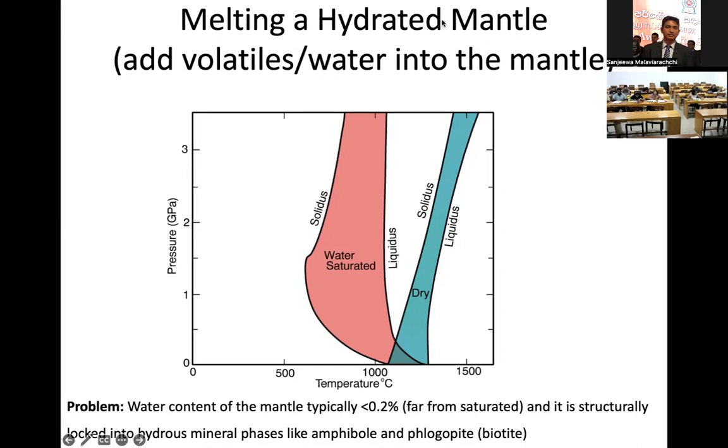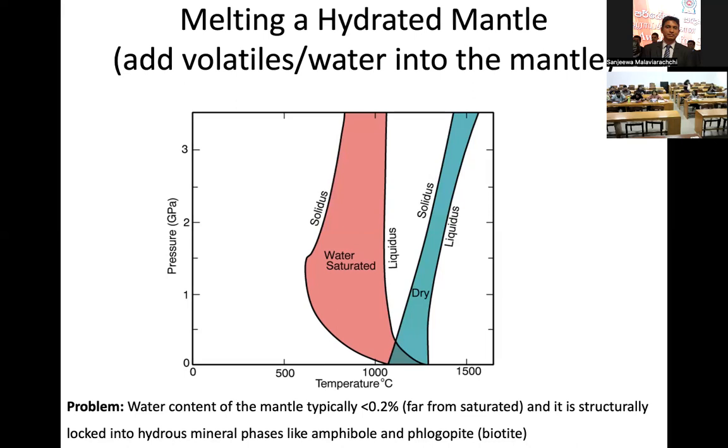And then we discussed another possibility, to reduce the melting point, right? Reducing the melting point means reducing the solidus temperature. For that, we can add some water into the system, which will lower the melting temperature.